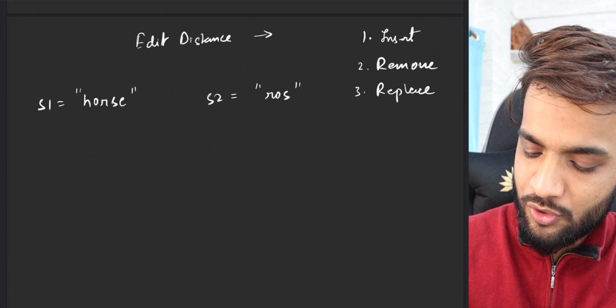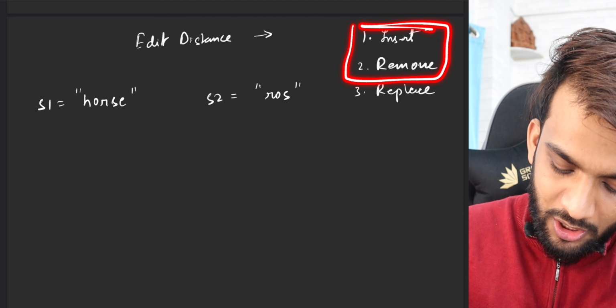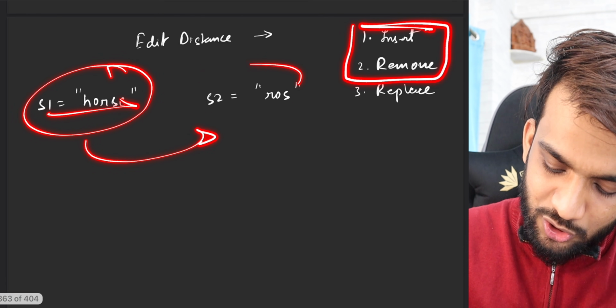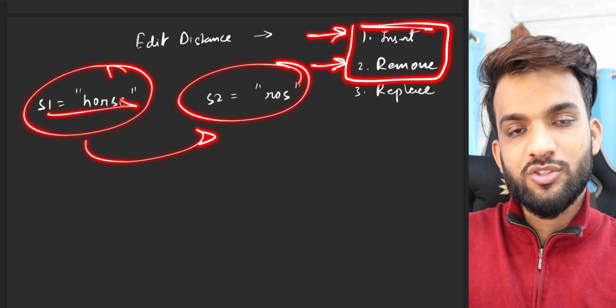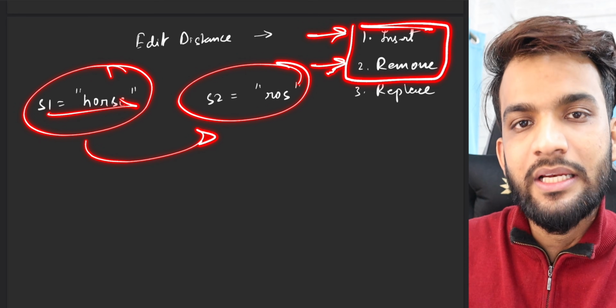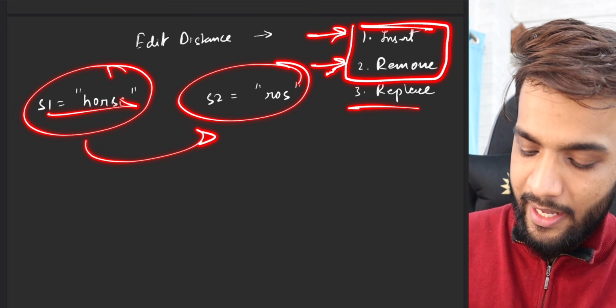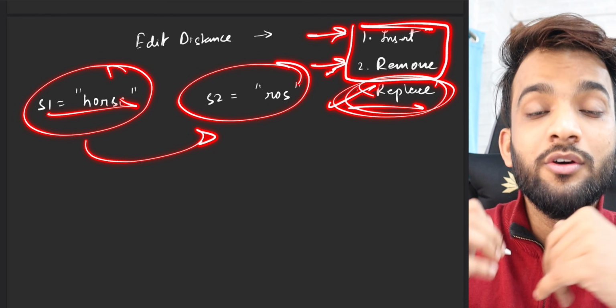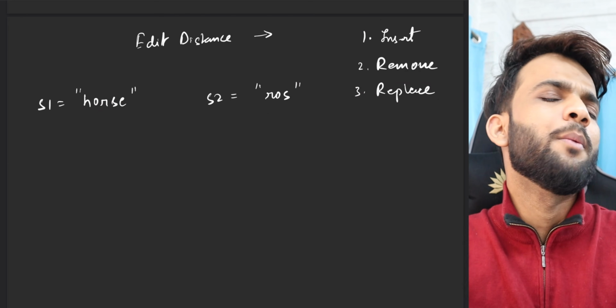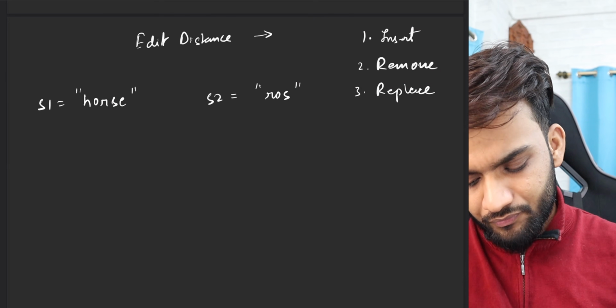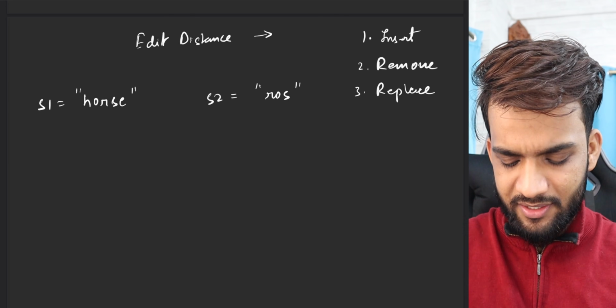In the previous videos, we have done a problem to convert s1 to s2 using two functions, which were insert and delete. But now in this question, I add one more, replace, and that makes the question a bit harder than the previous one. So for an example, let's understand the question.